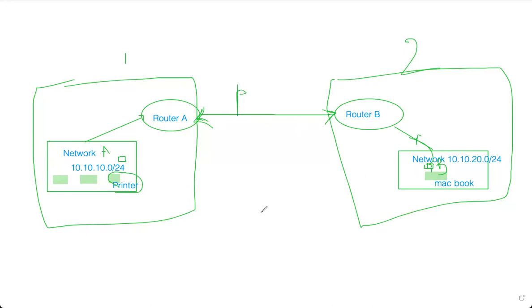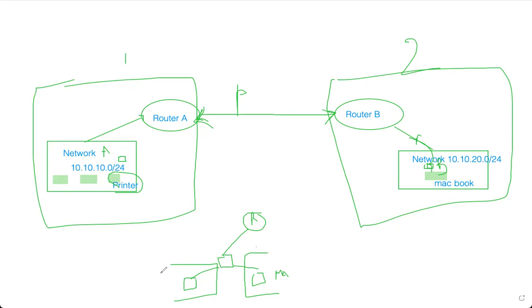But let's say like this, there is a router, and there is a switch, and that switch has a printer in one network, and there is a different network, and there is a server or PC or MacBook.